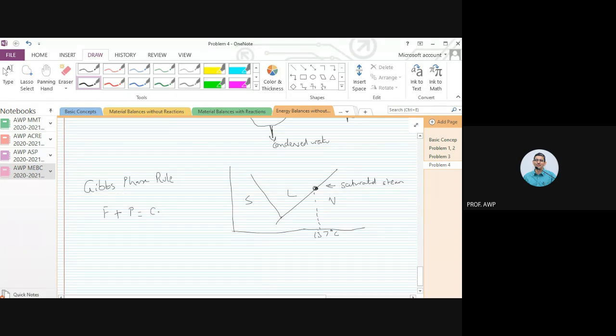Do you people remember? You people don't remember? You did all this in 11th standard, everyone has mugged it up. Nobody understands anything. Everybody has mugged up everything. Praveen, yes, sir. F equals C plus... Have you seen this phase rule or not?